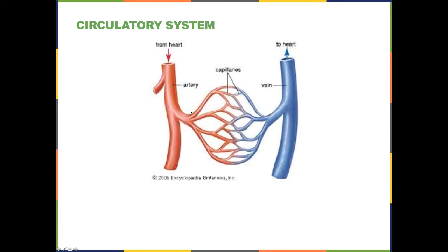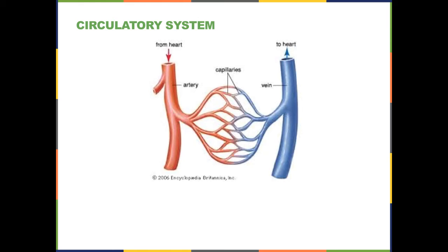Moving on, the second system I want to talk about briefly is the circulatory system. Now, what we will talk about initially is generally these systems, and then as we talk about specific classes of chordata, we'll talk about how they differ from each other in terms of some of these various systems.